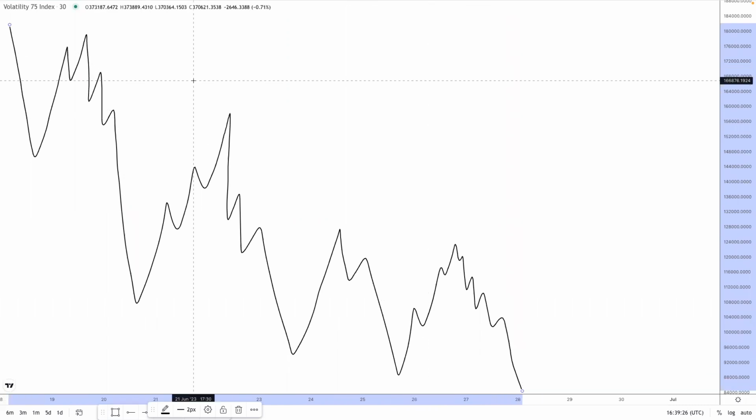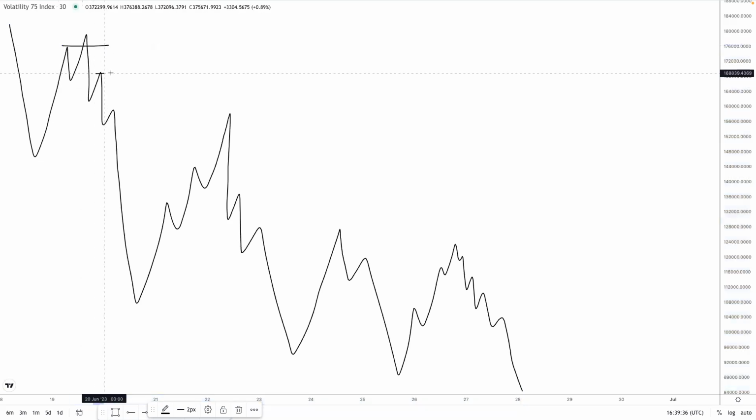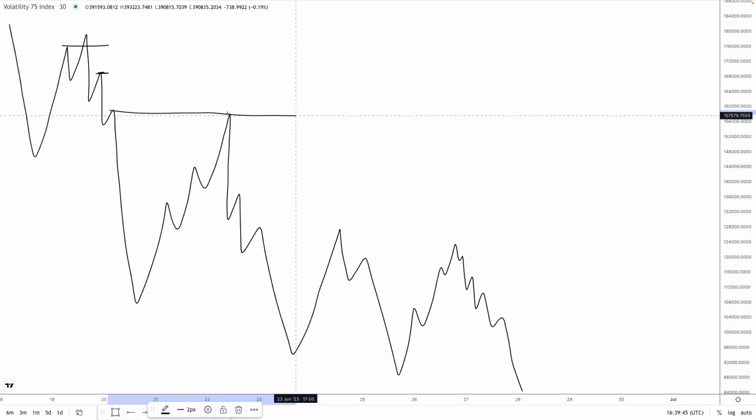Remember we said that our major structure retest is usually the structure that happens straight after the new invalidation. So we have the invalidation, we have the new invalidation, and the next structure after the new invalidation is what we call the major structure retest, right here.